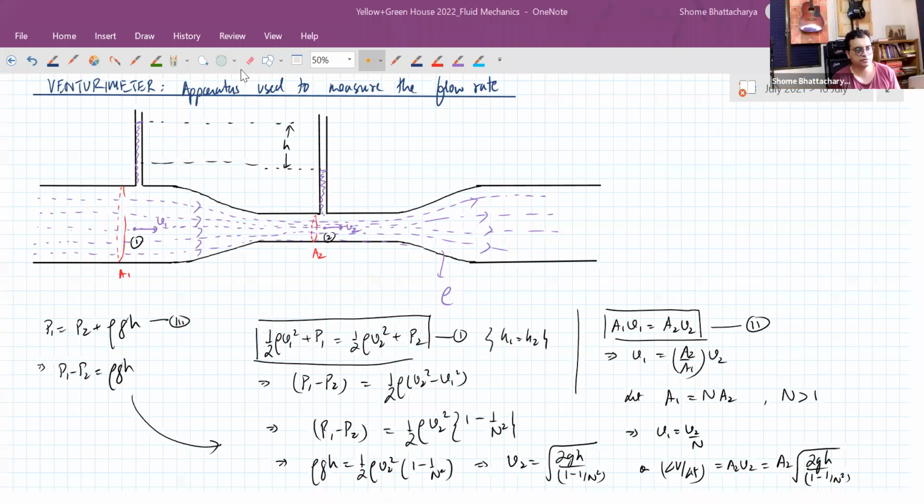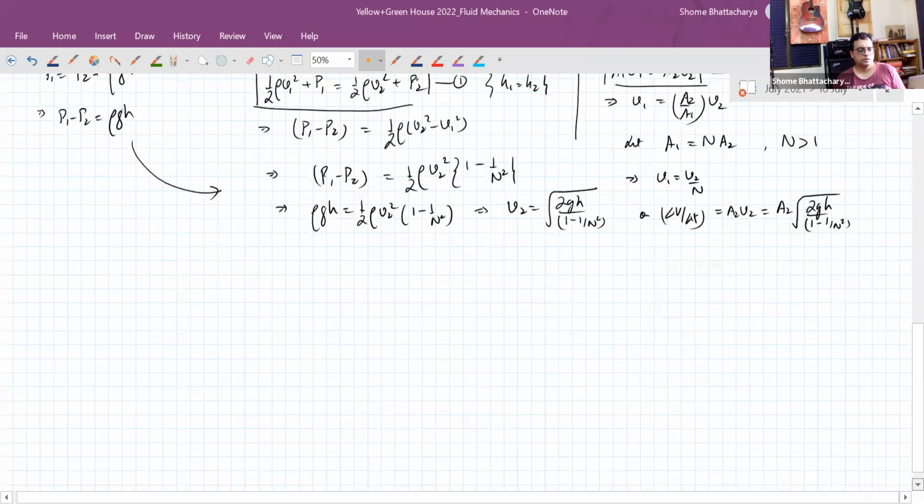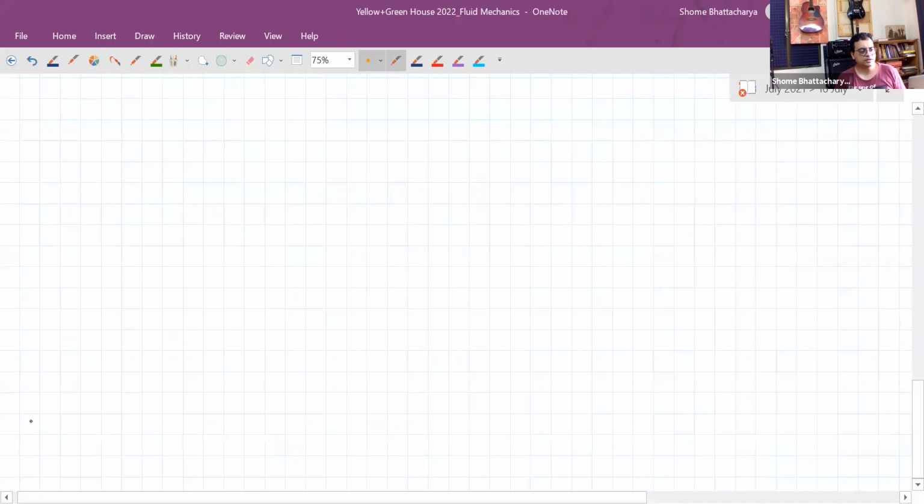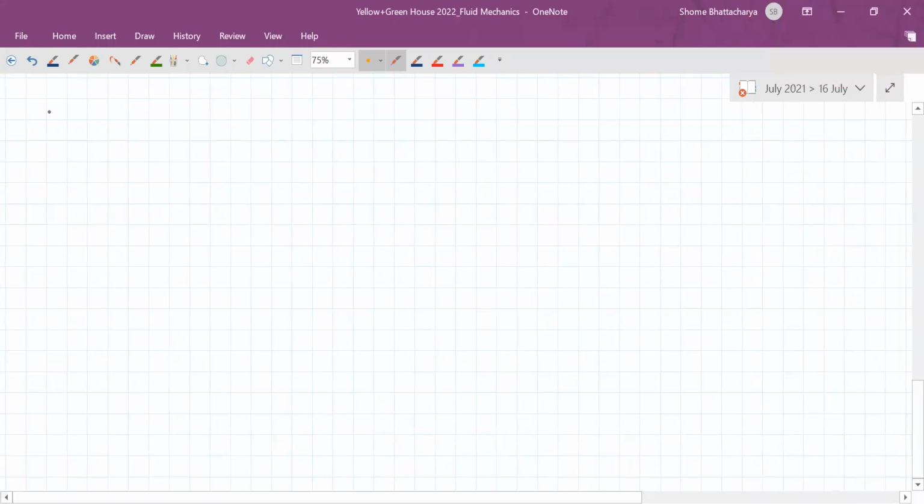Okay, so that's the application for Venturi meter. Now the second application of Bernoulli's equation, which is very standard, is the application for the concept of efflux or velocity of efflux.